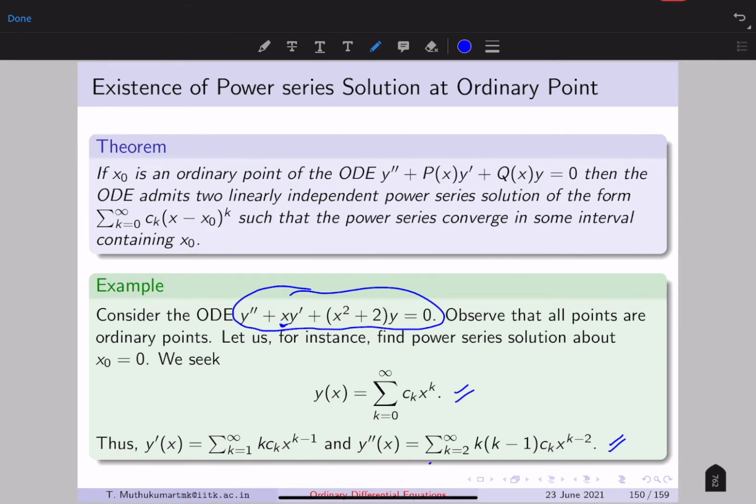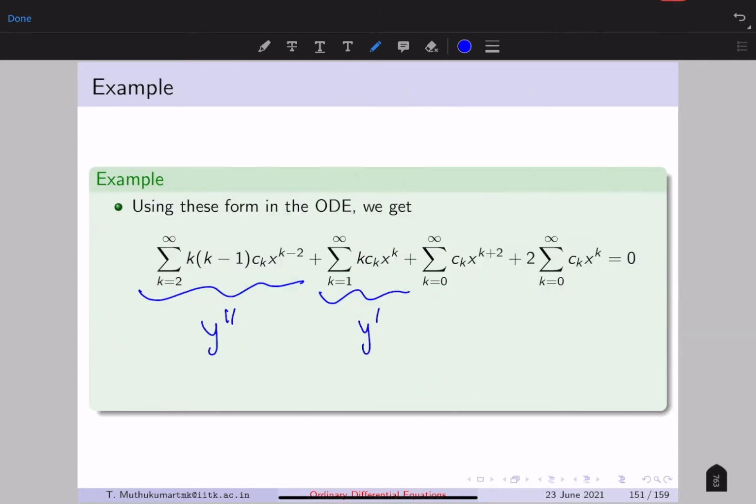So if you multiply by x here, you get an x power k, because the x power 1 cancels with this, and that's what we have here, x power k. And this is precisely x squared plus 2y. So the 2 becomes k plus 2 and this becomes k. So this is just the ODE that we started with, and that's equal to 0.